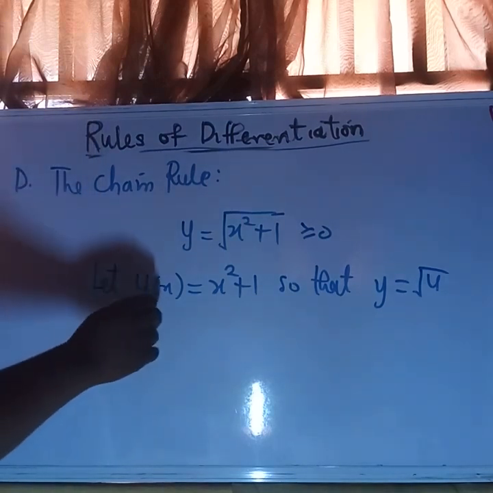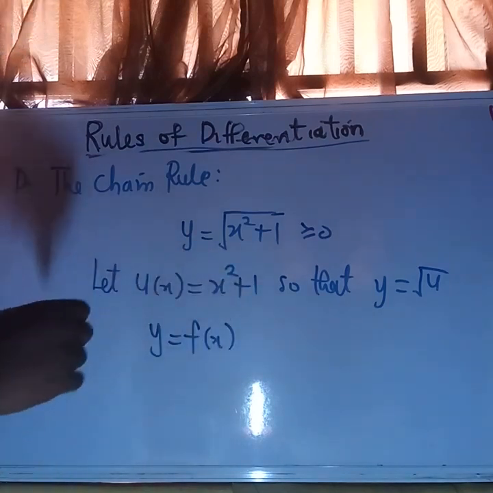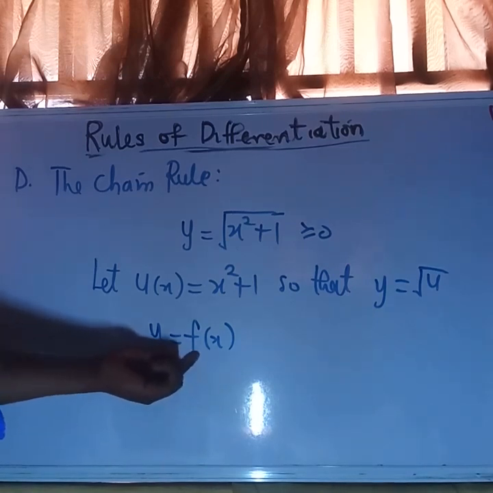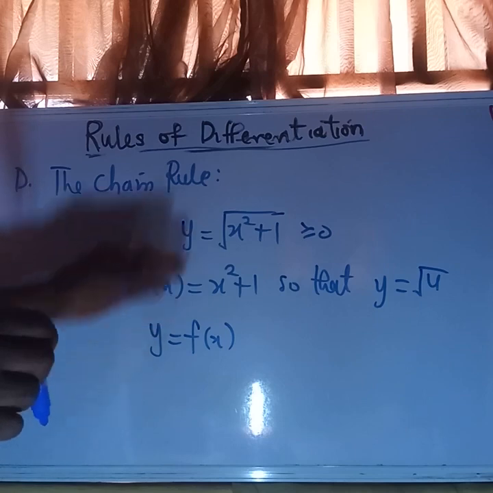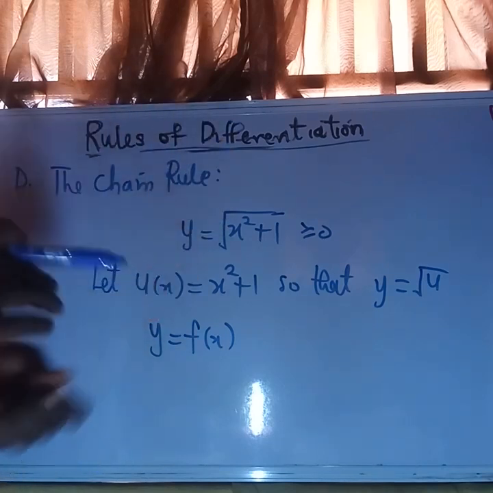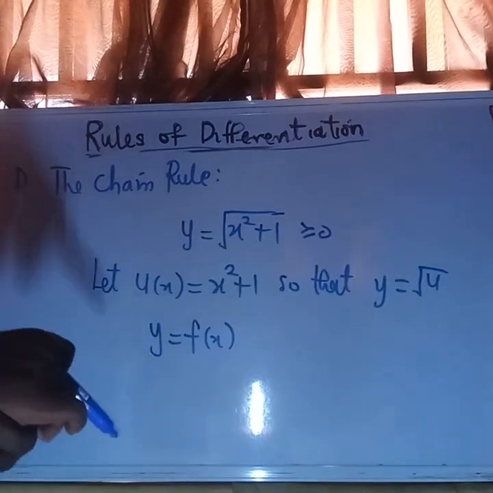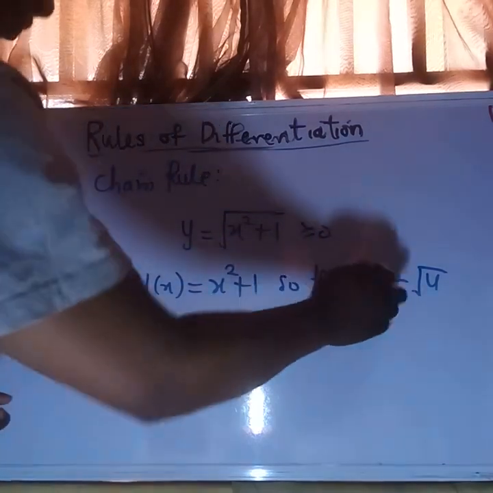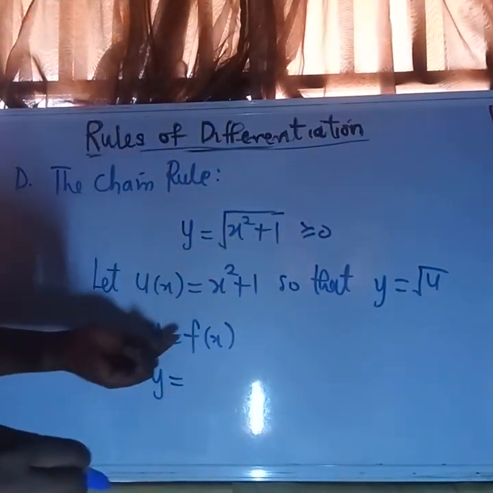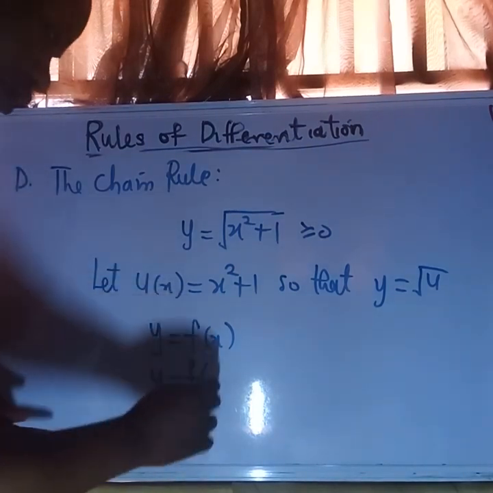In our previous rules of differentiation, we have been used to having a function y equal to f of x, where f is an expression of x. But here, we have been able to deduce two functions. One is this function and one is another function. Because of that, this y does not go to x directly, but this y goes to u.